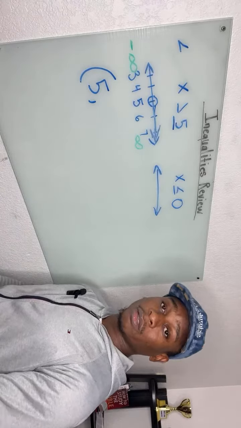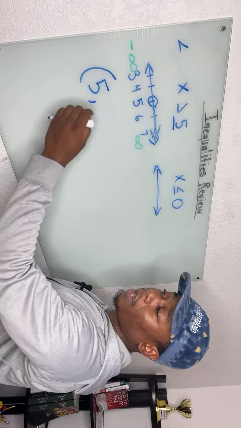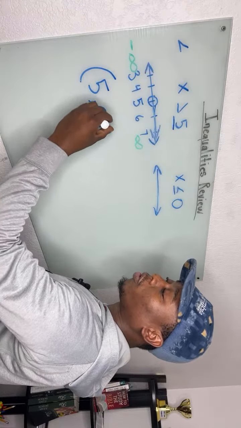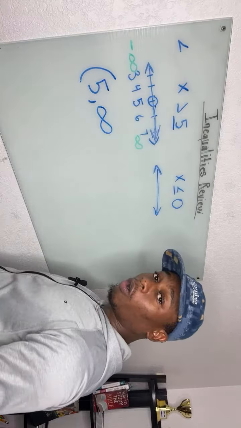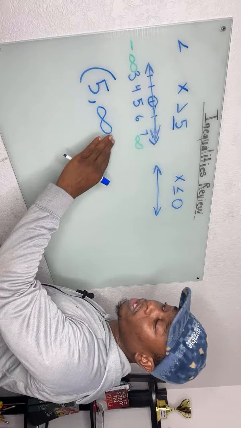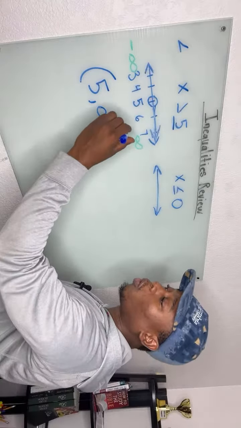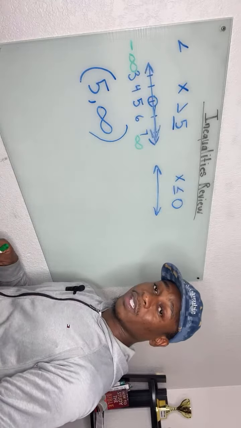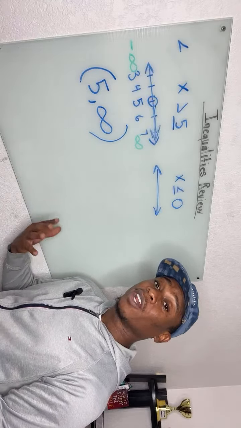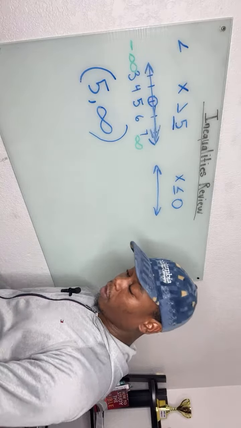To complete the interval notation, we know that our graph starts at 5 and it's going to go all the way to infinity, all the positive numbers that are larger than 5. When we're trying to finish off interval notation, just know that there will always be a parentheses around infinity because we can't include all of those numbers.